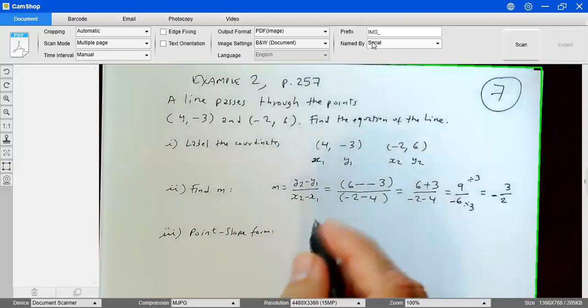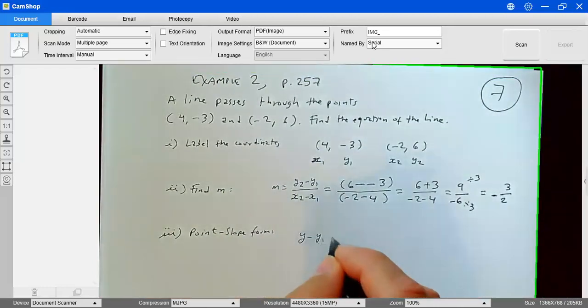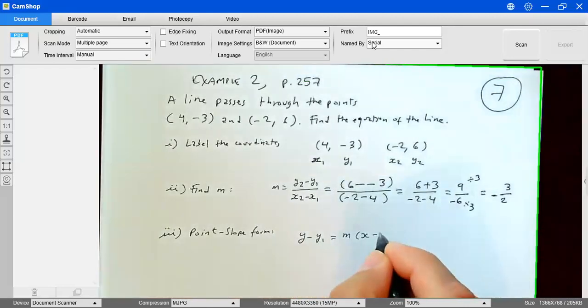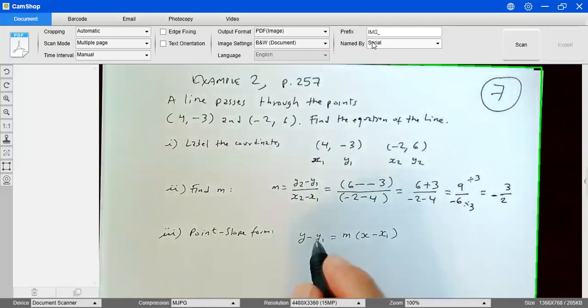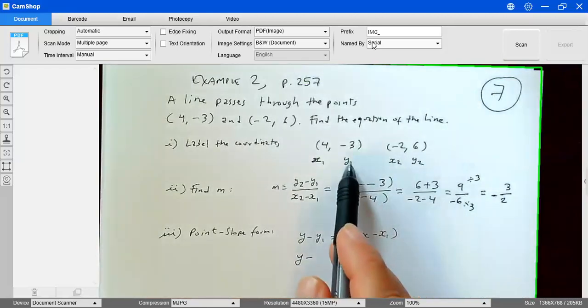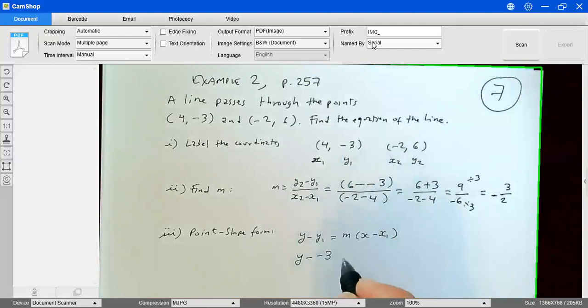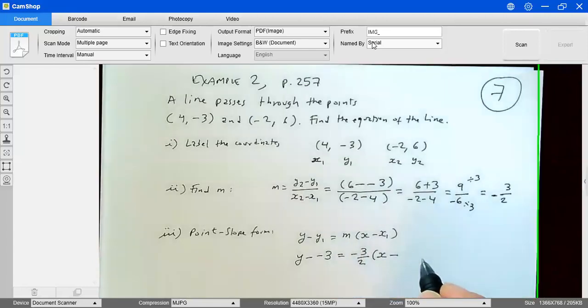So the point slope form is just y minus y1 equals m times x minus x1. So y minus, from the formula, y1 is -3, equals -3 over 2, which is the slope, that multiplies x minus, from the formula, 4, that's x1.